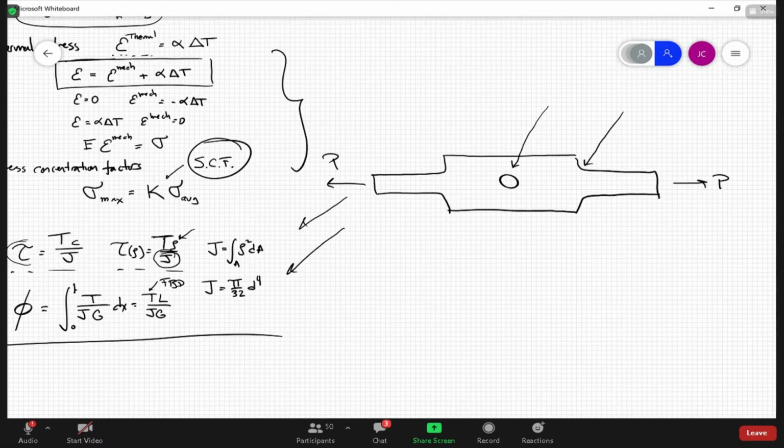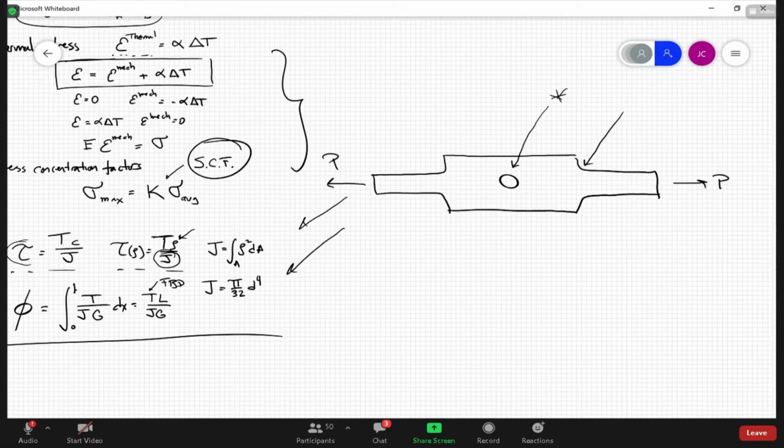So you really do need to check both. For this particular problem, I think the stress was higher at the hole, right here. But it could have been higher at the fillet, depending upon the geometry. And you need to check both.